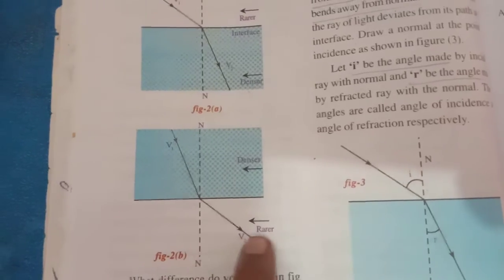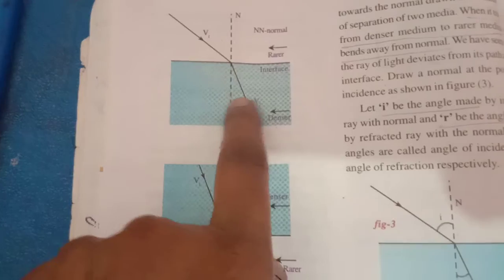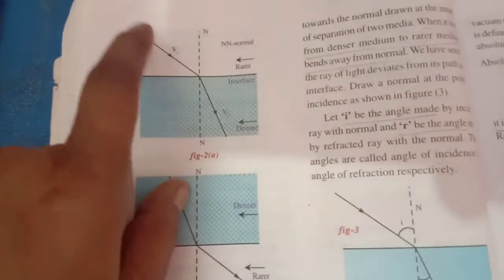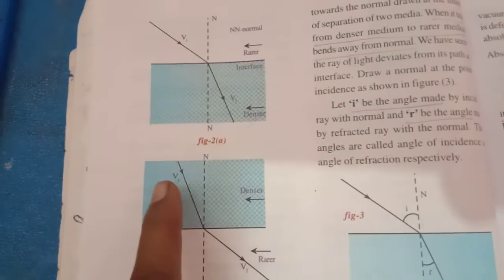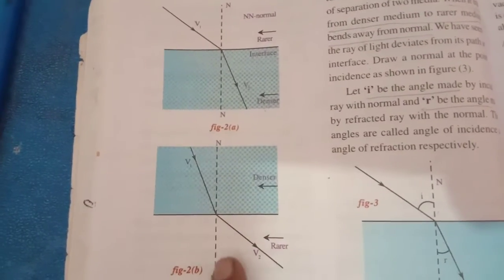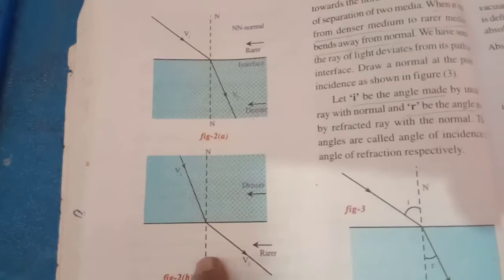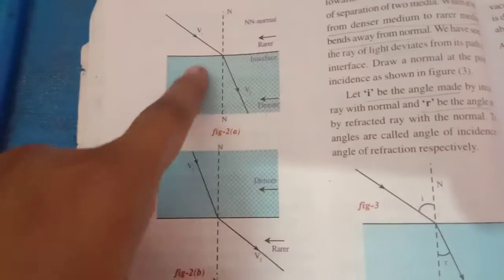It is moving away from the normal. You can see the gap here and the gap here. So rarer medium to denser medium deviates less, and denser medium to rarer medium deviates more. You can observe the difference between these two diagrams.